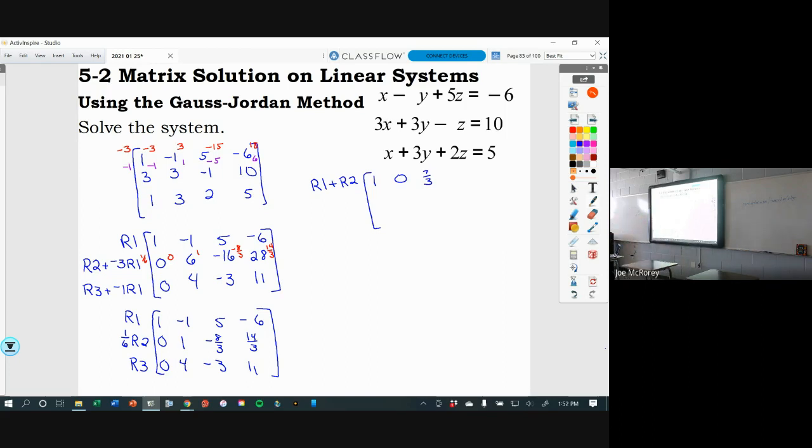And -6 and 14/3 is -4/3. If you want to key those in the calculator to double check me, it will not hurt my feelings at all. Wait, did you say that's 7/3? This one? Yeah.